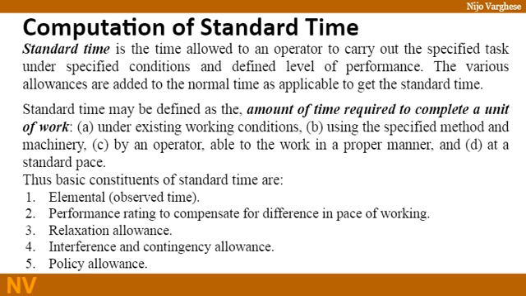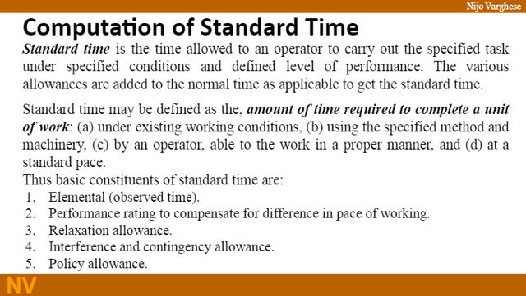Thus the basic constituents of standard time are as follows: first, the elemental observed time, and second, the performance rating to compensate for the difference in pace of working. Different operators will have different paces, so to compensate for that, the performance rating is taken.